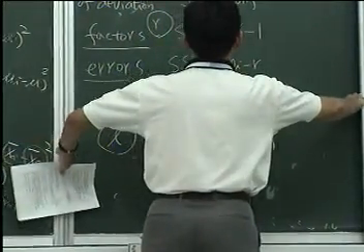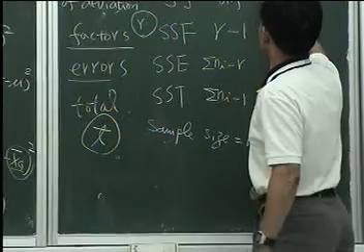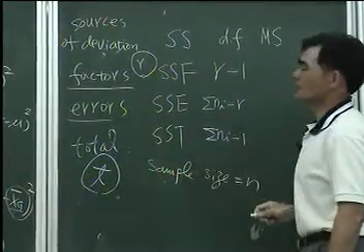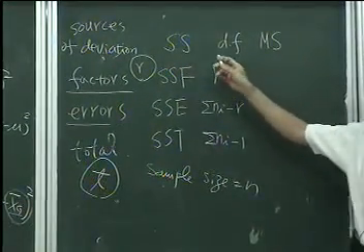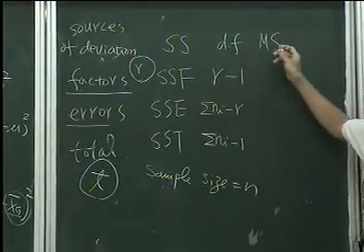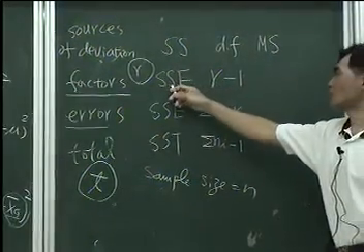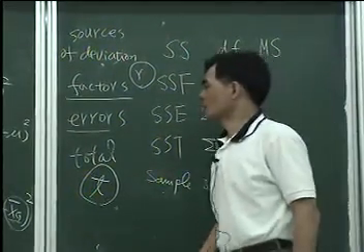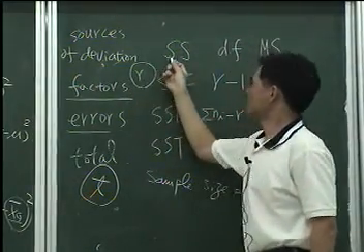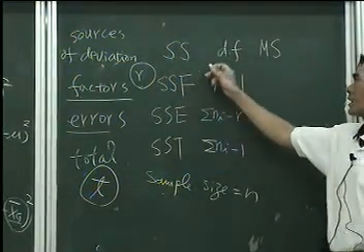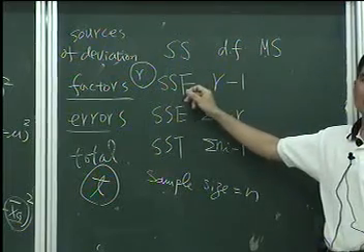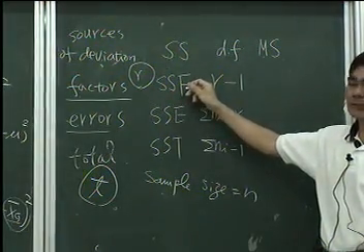Okay, and then you are going to deal with MS. That's mean square. This is sum of square, and this will be mean square. For each of the sum of squares, if you want to get the mean, you have to divide by the degrees of freedom.